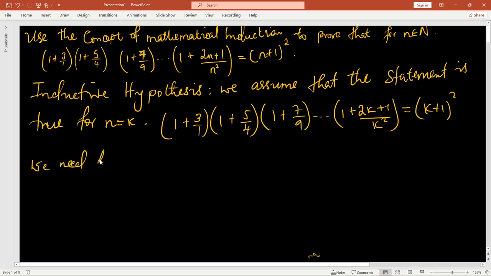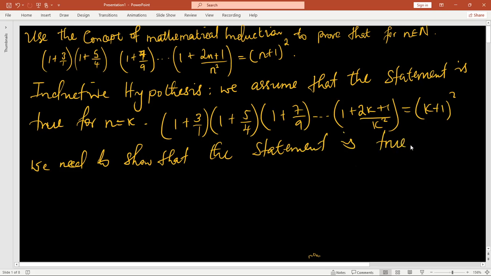We need to show that the statement is true for n equals to k plus 1. So let me just erase that. For n equals to k plus 1.